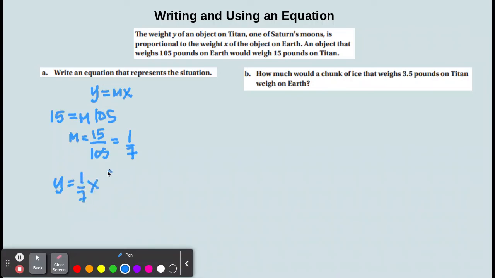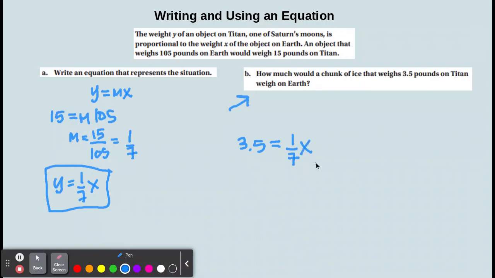Okay, so we can use this equation now to help us predict. Here we have a 3.5 pound chunk of ice on Titan. We want to know how much it's going to weigh on Earth. Remember, 3.5, the Titan weight, is our y, so 3.5 then has to equal a relationship to the Earth weight, right?